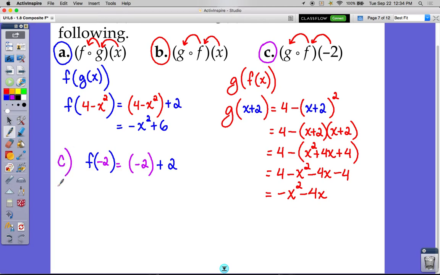Well, negative 2 plus 2 is 0. So f of negative 2 is really equal to 0. Then that result goes into the g equation. That is, now I'm going to say g of f of x, but we just found out that when I use a negative 2, I get a 0.